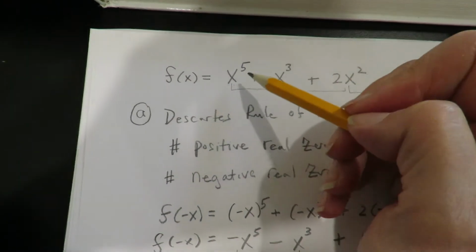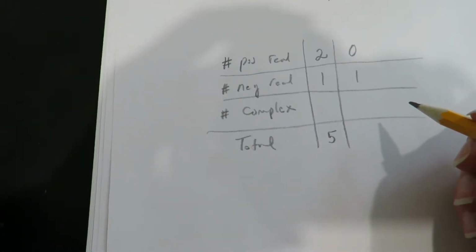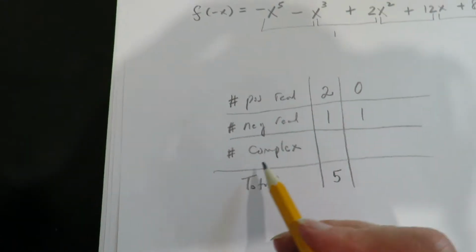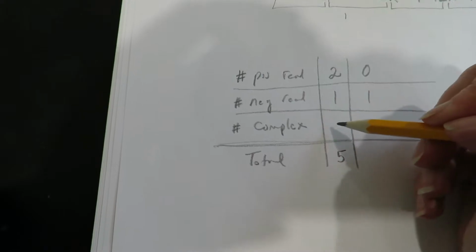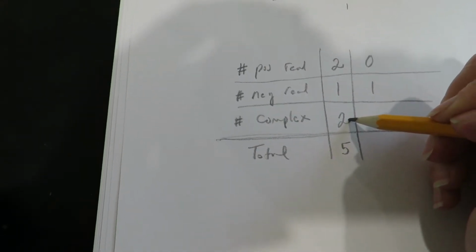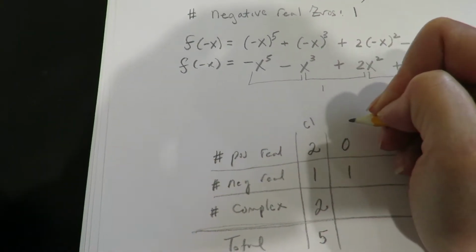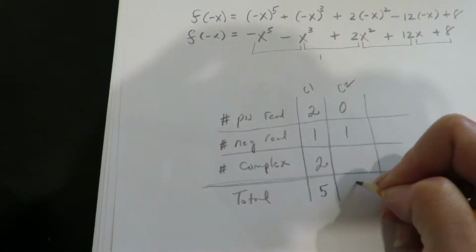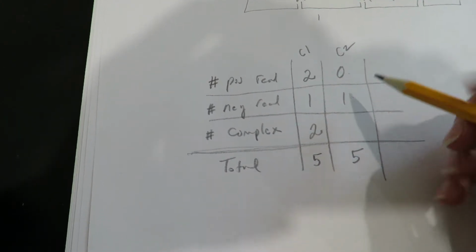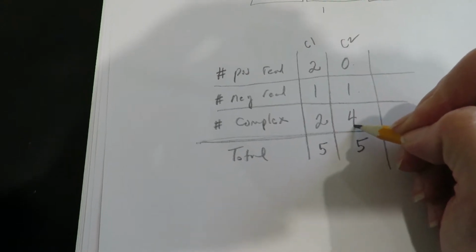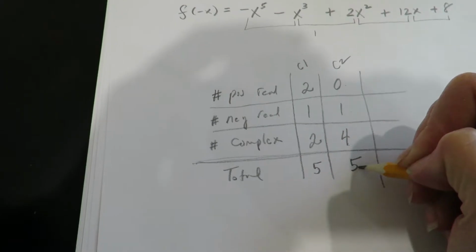This is a 5th degree, which means that the total has to come out to 5. Okay, so for this to add to 5, if I have 2 positive, 1 negative, then I must have 2 complex for this to add to 5. For case 1. For case 2, for this to add to 5, if I have no positive, 1 negative, I must have 2 conjugate pairs, or in total 4 complex numbers, for this to add to 5.